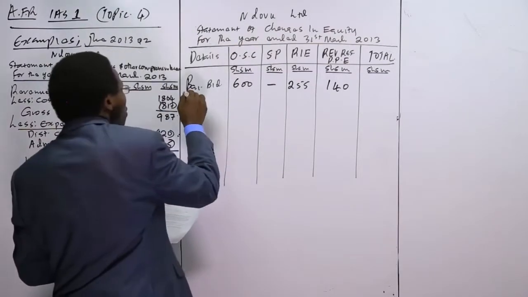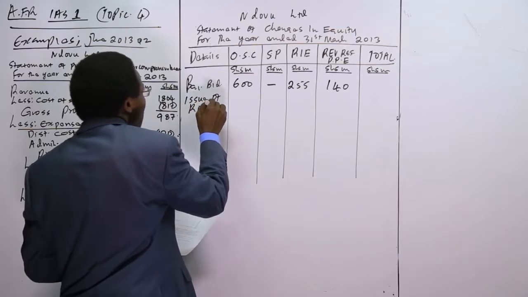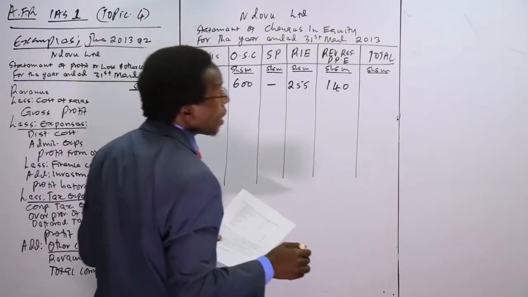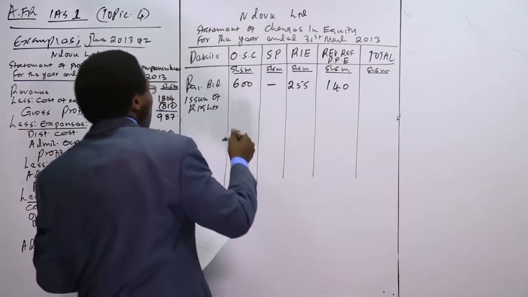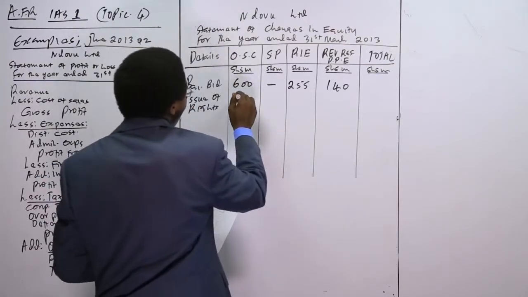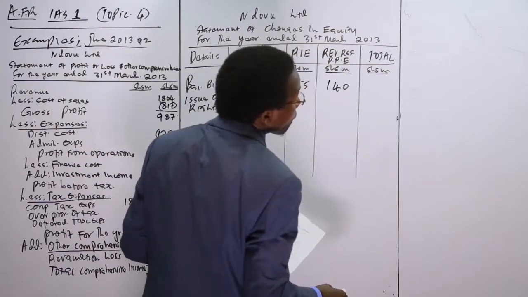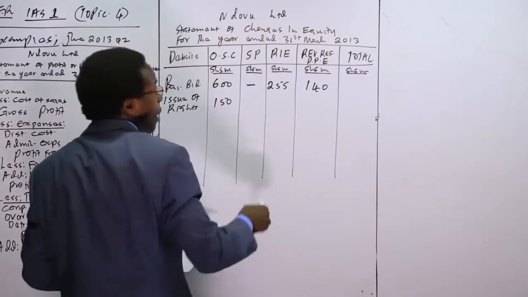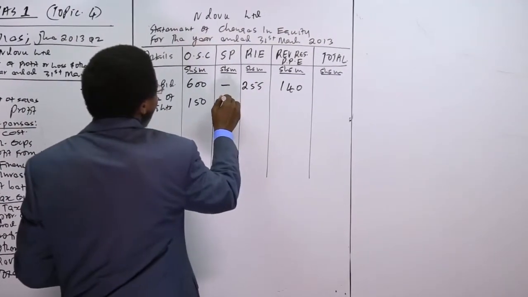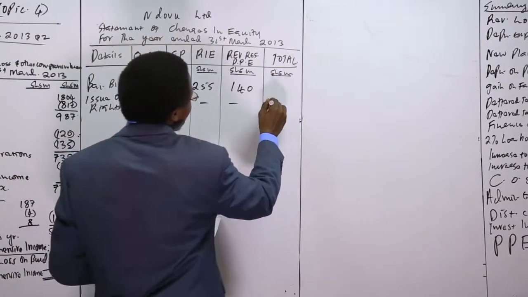Then there is the issue of rights. The rights issue, we must have done that. I remember we issued 150. We must have explained that, 150. Then the share premium is 90. Then the total came to 240.